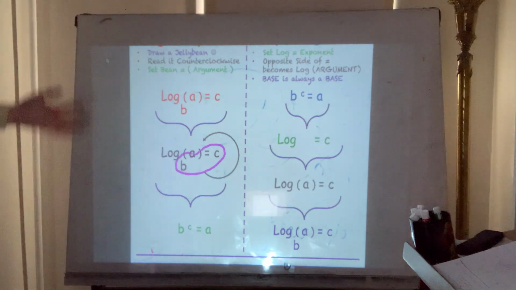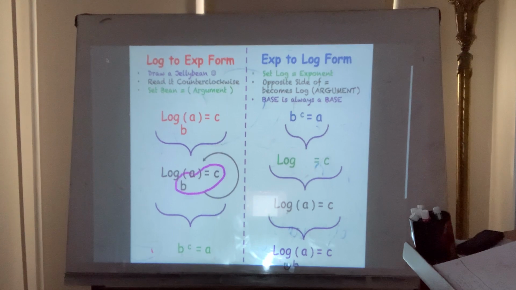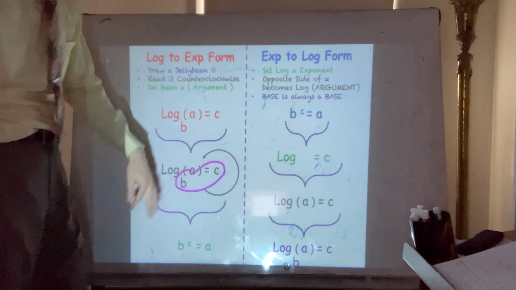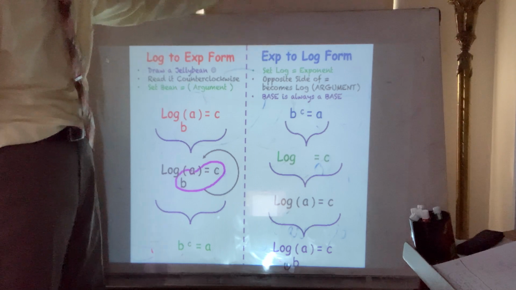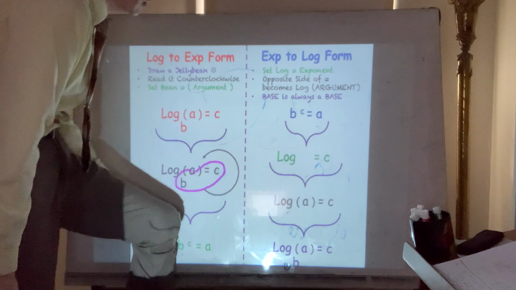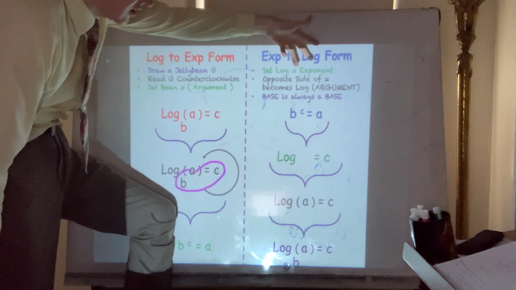On the flip side, if you're going from exponential to logarithmic form, you have to start by writing the word log. It doesn't have to be a capital L, but whatever. You set log equal to whatever the exponent is.